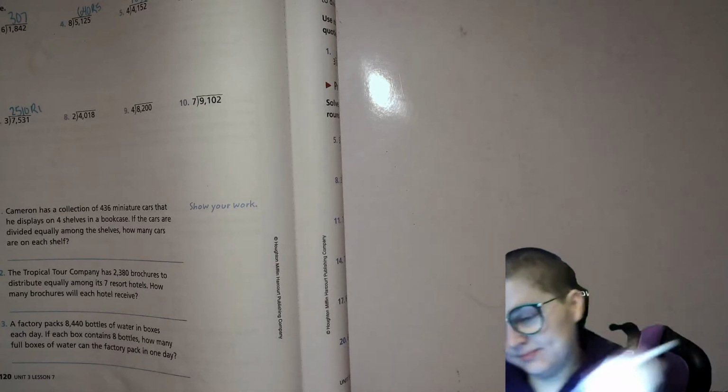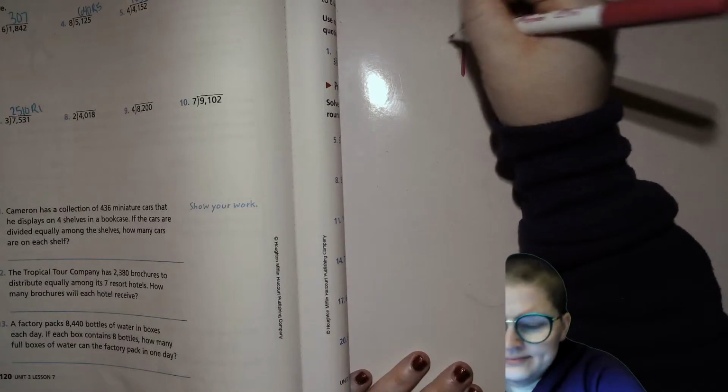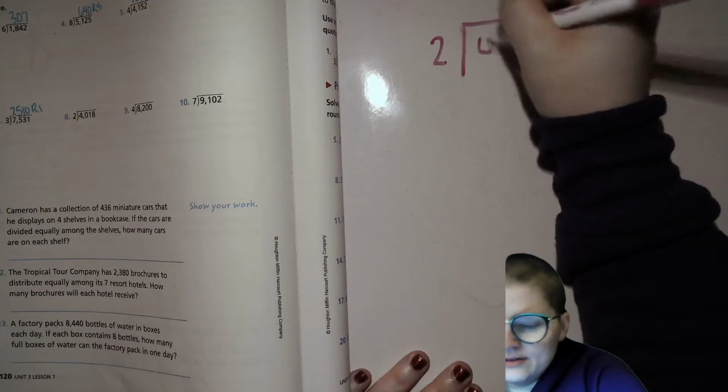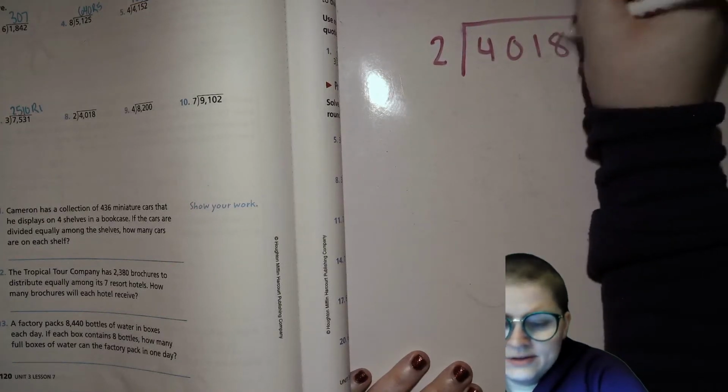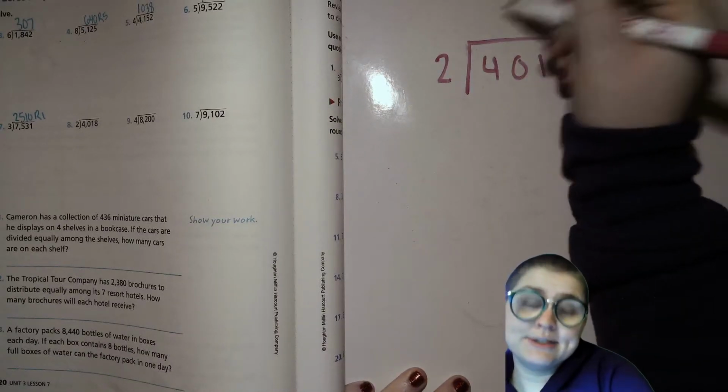Here we go on the next one. Two can go into 4. How many times?